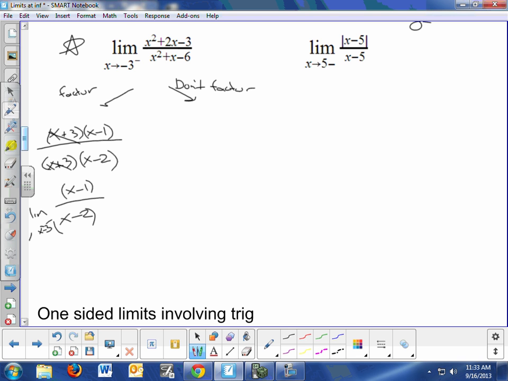This is supposed to be 2. I'm sorry. If you just did negative 3, you would have gotten just a value. My bad. Positive 2. 2 from the left minus 1 is like 1. 2 from the left minus 2 is like 0 from the left.